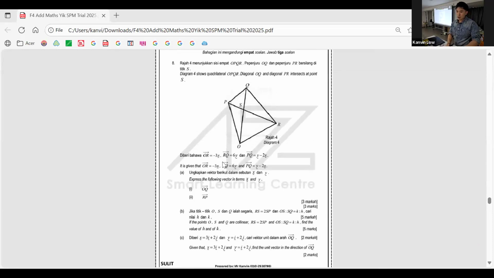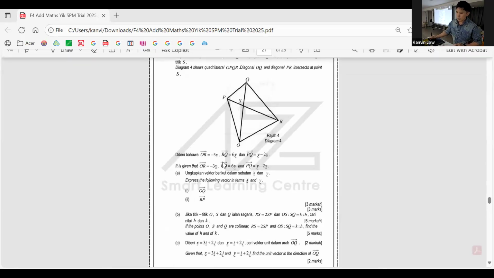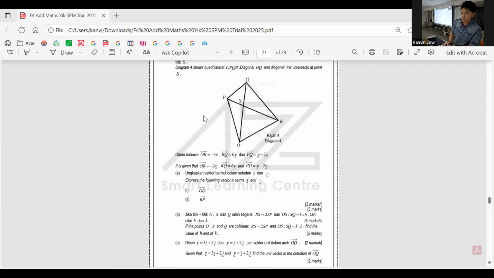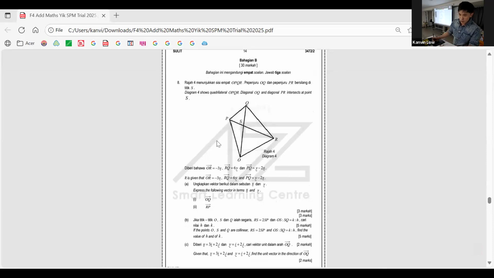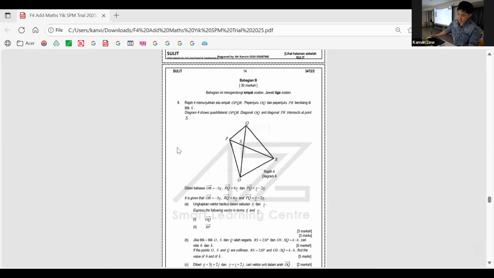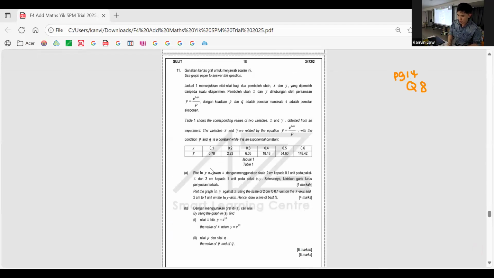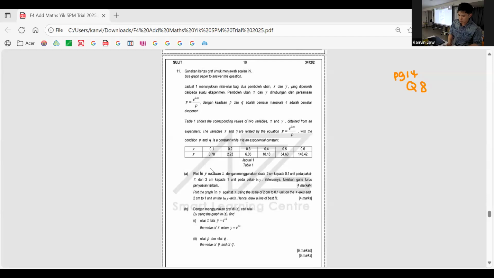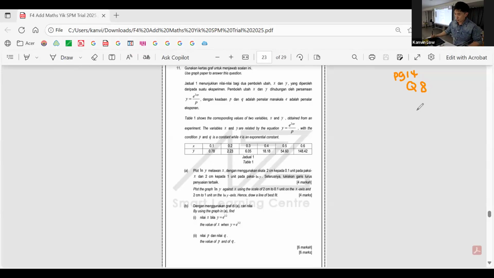Okay, students, now I will let you try two questions on the spot yourselves first. One of the questions is the one we keep on talking about, the vectors question. Try paper two, page 14, question number 8. Once you've done this, I also want you to try question number 11, because this is very important, and it's not easy as well.